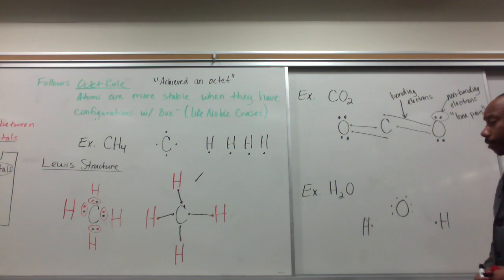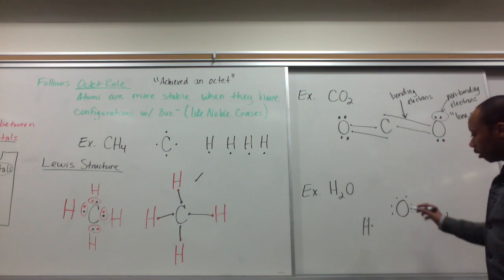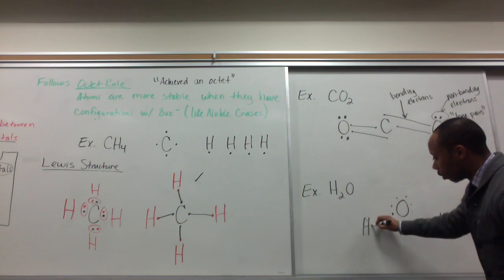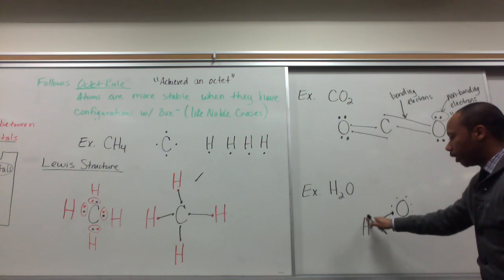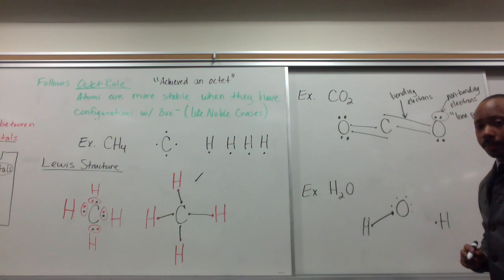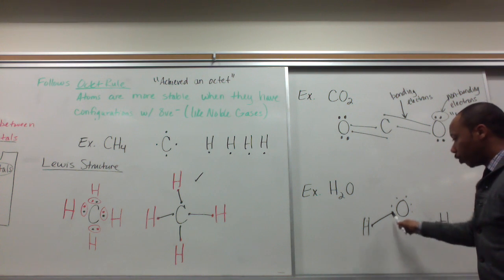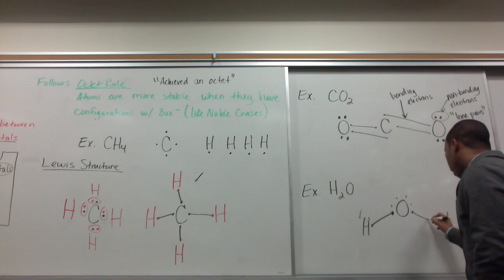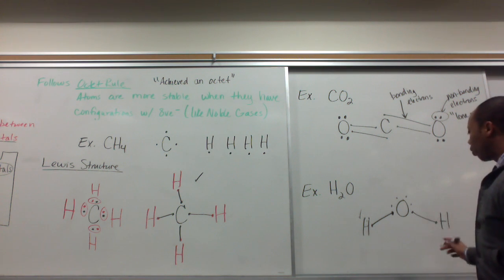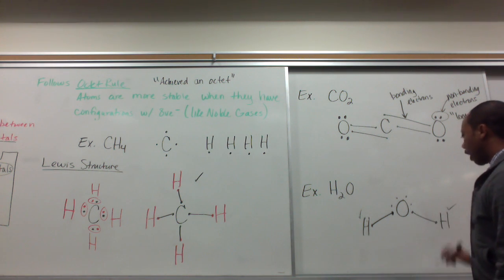This is a pretty easy one in that hydrogen only has 1 choice. It's going to bond here and share an electron to achieve the electron configuration of helium. Hydrogen has 1, 2, it's satisfied. This oxygen is going to bond with this other hydrogen here, giving it 1, 2, hydrogen is satisfied.